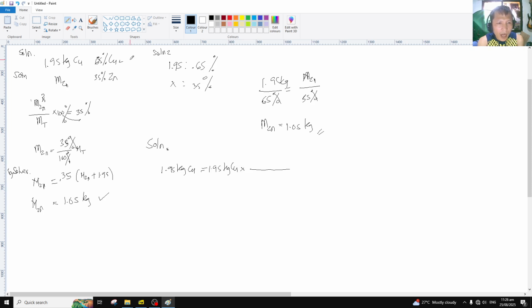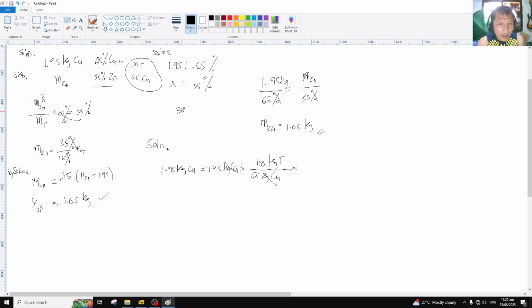You can think that in 100 total, there are 65 of copper. So I would have 65 kilogram of copper per 100 kilogram total. Then I can cancel the kilogram of copper. Now I get to zinc.